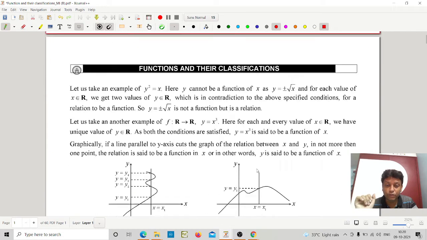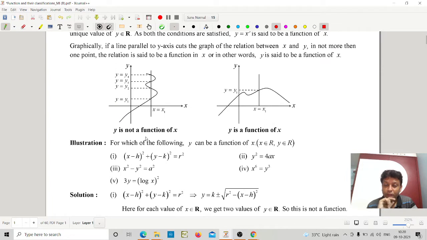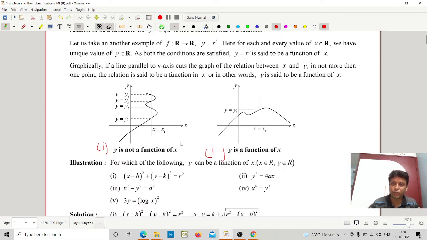Now I will give you a few diagrams. Look at that. This is diagram number 1. Another way: if you take the x-axis and y-axis, can you tell me which one of them is a function? The second one is a function, correct, because if you draw vertical lines, that will cut the graph at exactly one point.